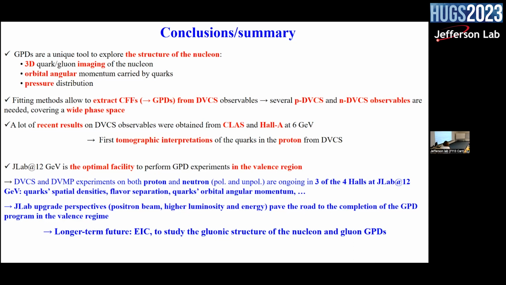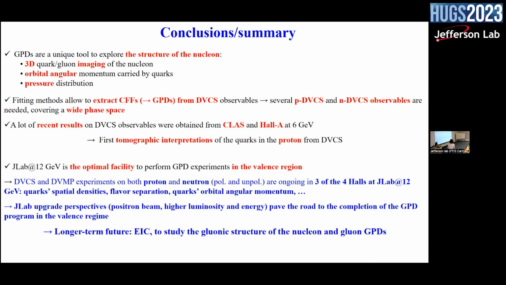With the progress on the experimental side, the amount of data that started to come triggered intensive work at the theory level to extract GPDs from DVCS observables in a model-independent way. This extraction of GPDs allowed us to make the tomographic picture of the proton.